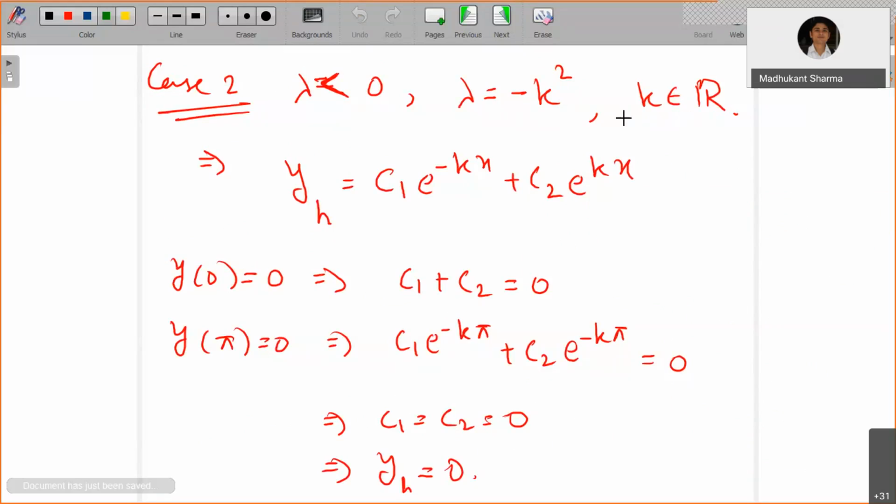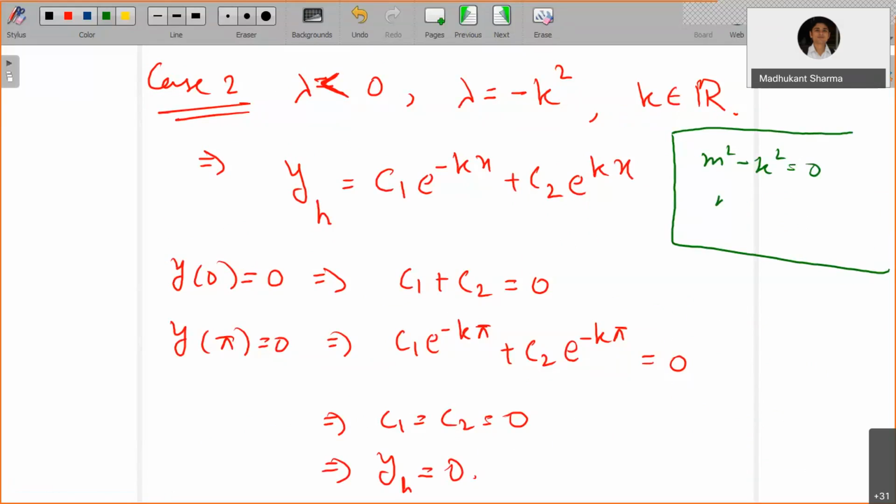If you recall, the auxiliary equation is m square minus k square equals 0, meaning m equals plus minus k. In that case, the general solution is c1 times e to the power kx plus c2 times e to the power minus kx. I have changed it here to c1 e to the power minus kx plus c2 times e to the power kx. Either way is okay.